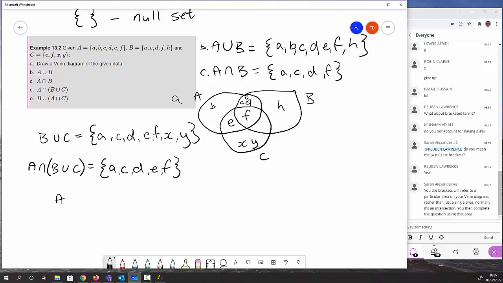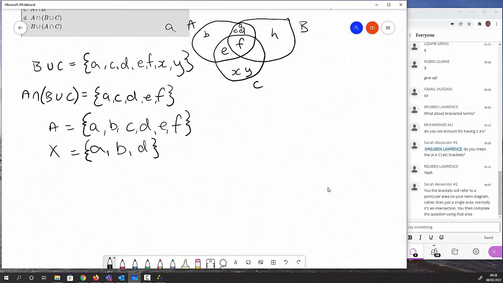A is equal to A, B, C, D, E, F. If I had a set called X, that was A, B, D, and this is, okay, so that's A and X. And also let's have another set Y, and that's equal to A, B, C, D, E, and F. X is a subset of A. Why? Because it has all of the elements that are in X in A.